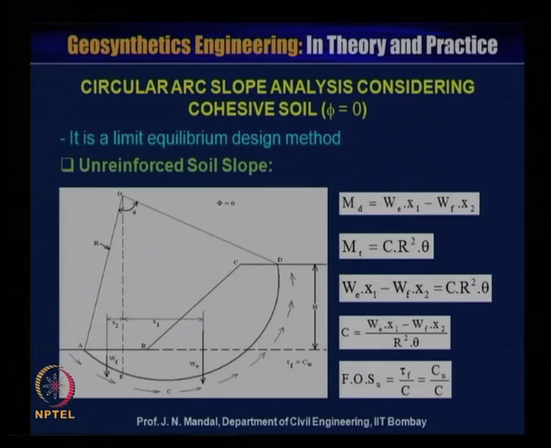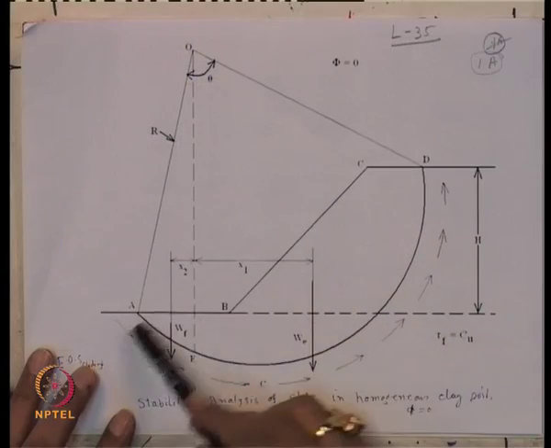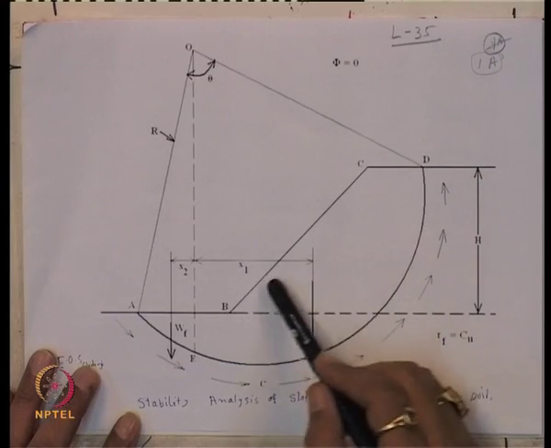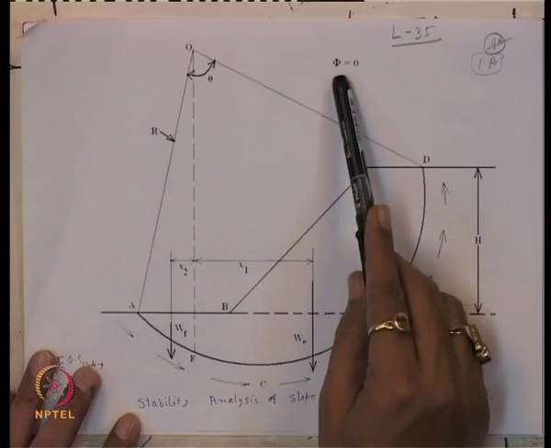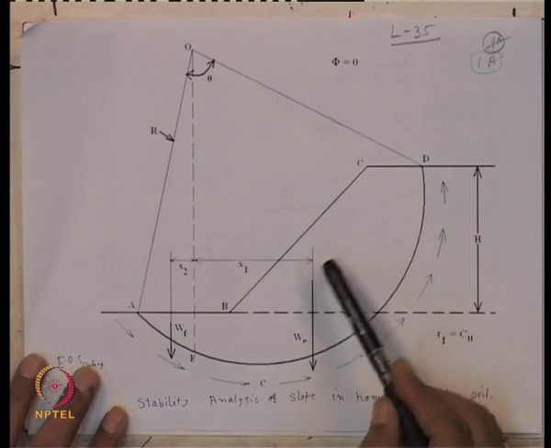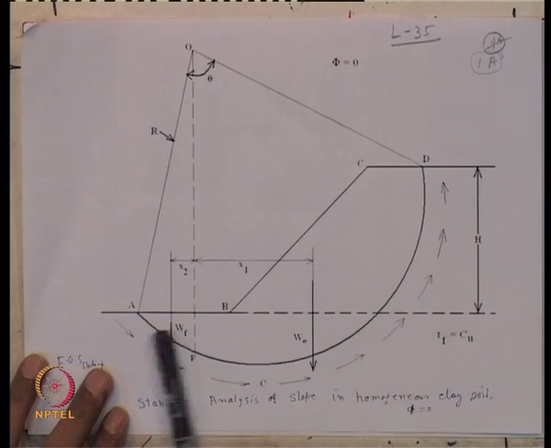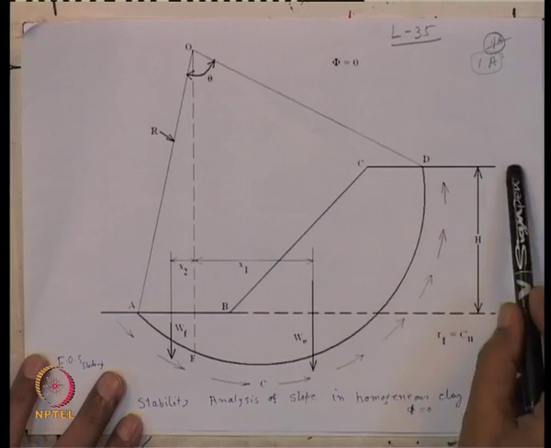For example, this is the stability analysis of a slope in a homogeneous clay soil where phi is equal to 0, and this is the foundation and this is the embankment.